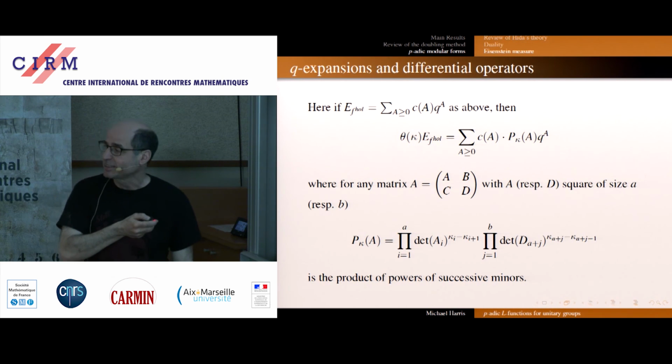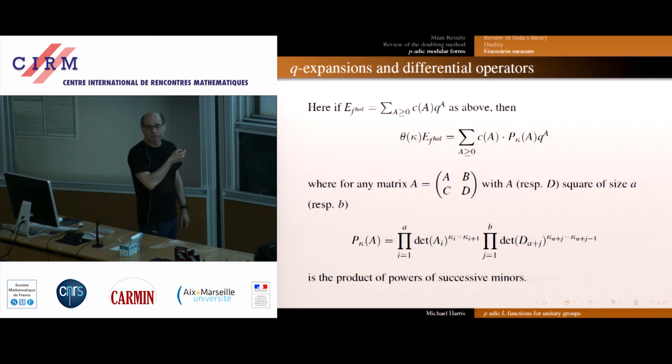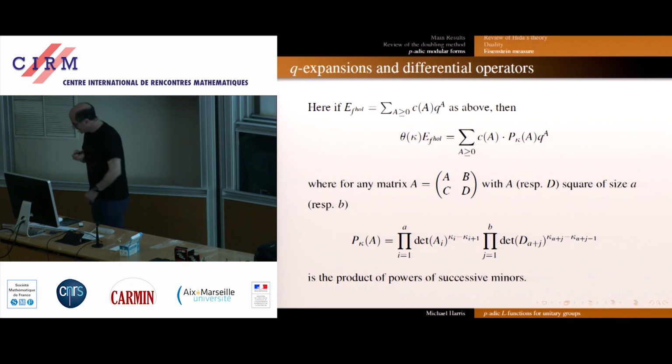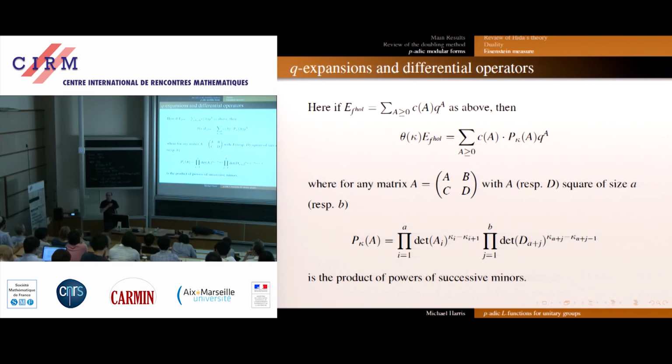You'll notice that it's set up so that the powers are always positive. If you tried to use the wrong signature, you would get negative powers of the determinant, and since these things can be equal to 0, you'd be in a lot of trouble. So it works; it's just what it has to be.